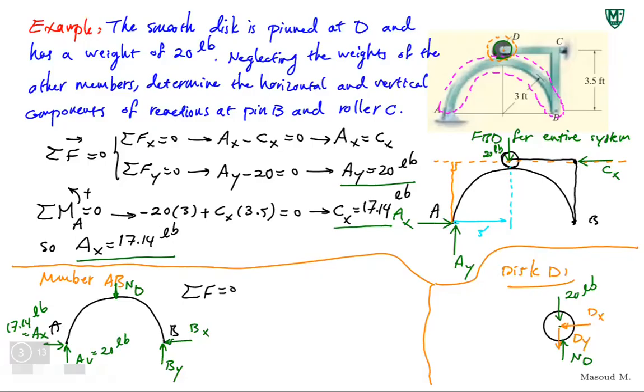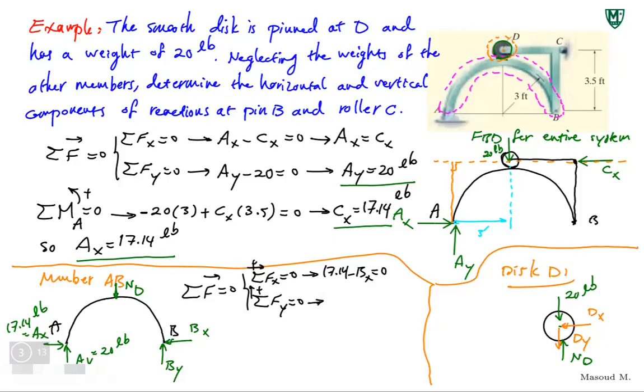Summation of forces is equal to 0. Summation of forces in x direction is equal to 0. Summation of forces in y direction is equal to 0. Take this as positive and this as positive. Forces in x, well, Bx and Ax, so I would say 17.14 minus Bx is equal to 0.